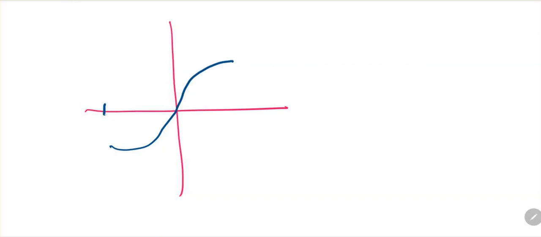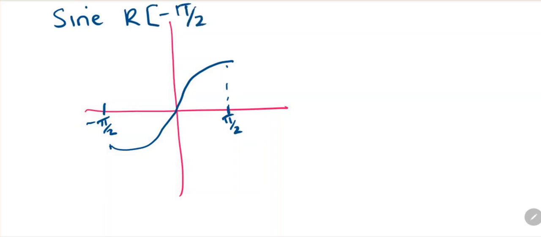And here we'll have minus pi over 2 at this point, and here, this would be at pi over 2. So our sine has a range which is from minus pi over 2 to pi over 2.